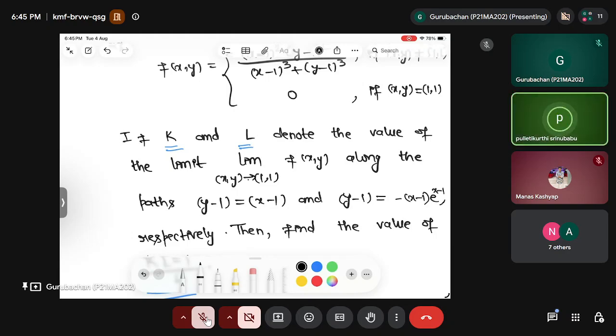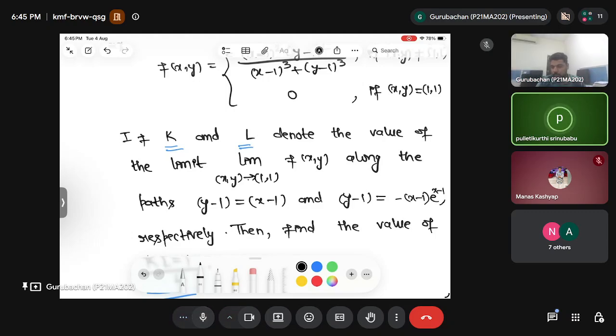Sir, along the path y minus 1 equal to x minus 1, it is 0.